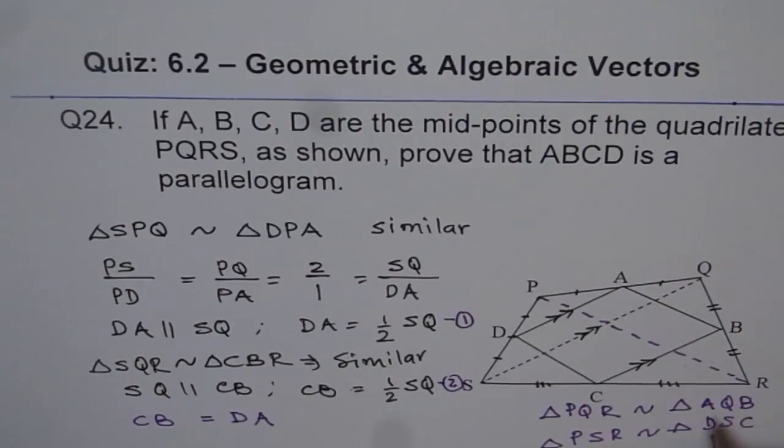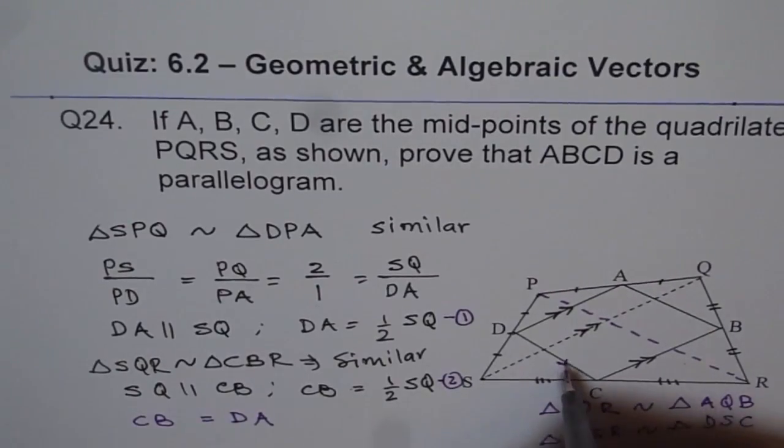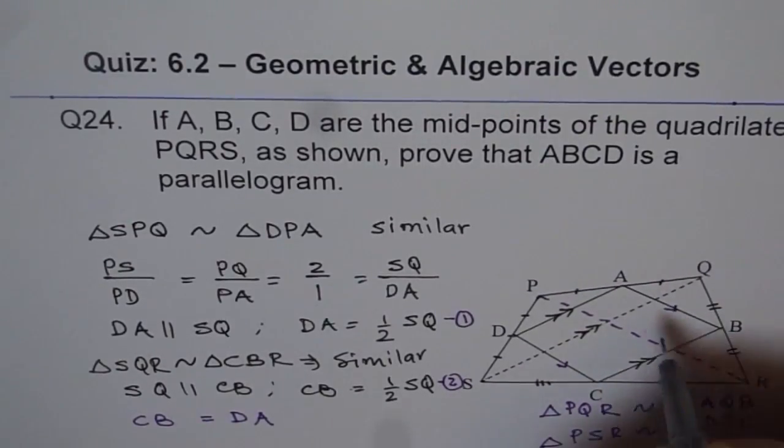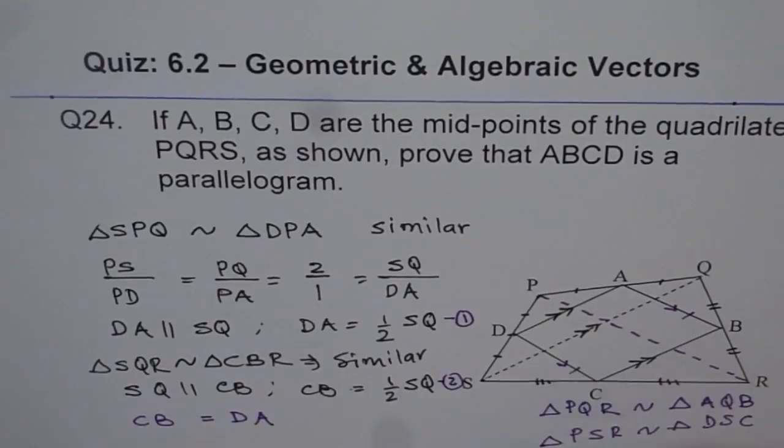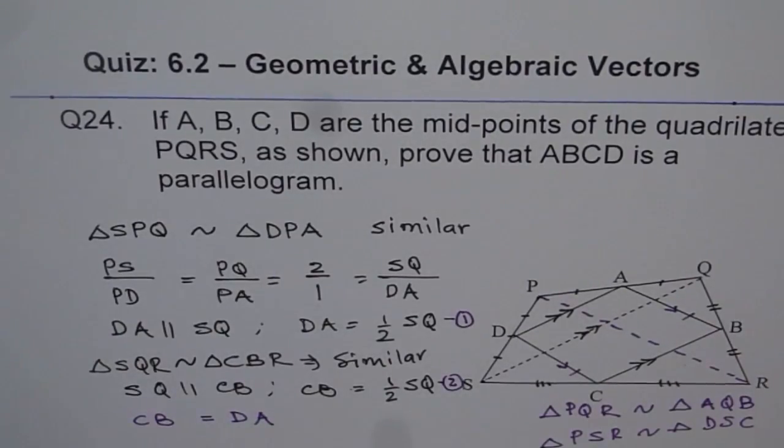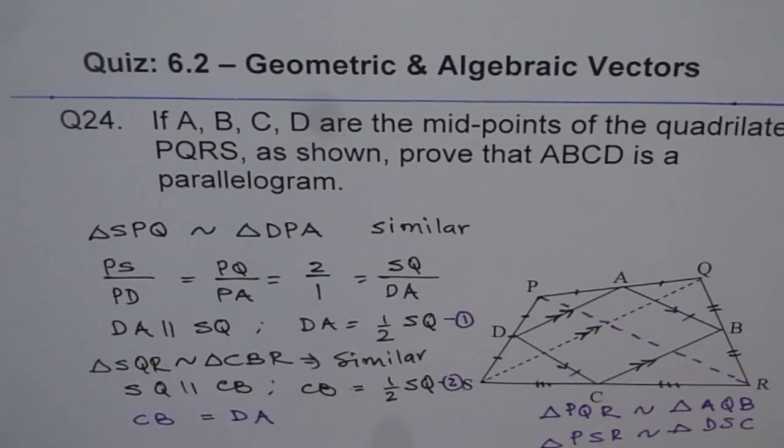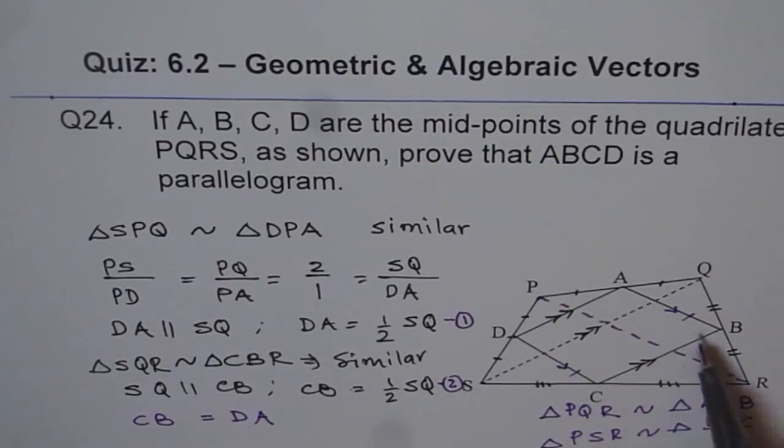Thereby, you can prove that these sides are parallel and also equal. Now you have proved that all four sides belong to a parallelogram, where the opposite sides are parallel and equal. And therefore, this is a parallelogram.